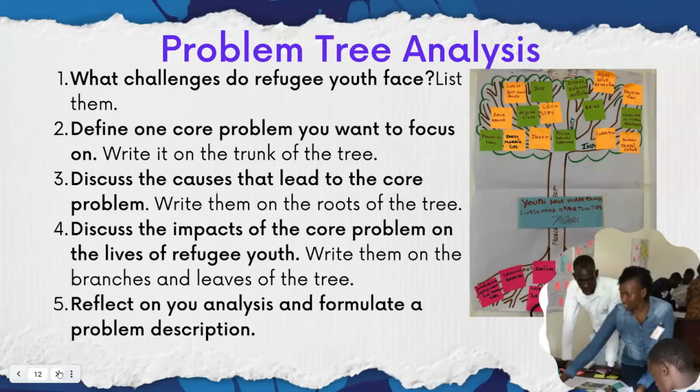So after discussing the problem, for example, if it's lack of safety and security, early child marriages, pregnancy, language barrier that is making young people not access school, poverty because they cannot afford school fees or scholastic materials, cultural beliefs and discrimination in the schools, or difficulty with documentation, that they don't have IDs they can use to register in school, you list them down on the roots of the tree.